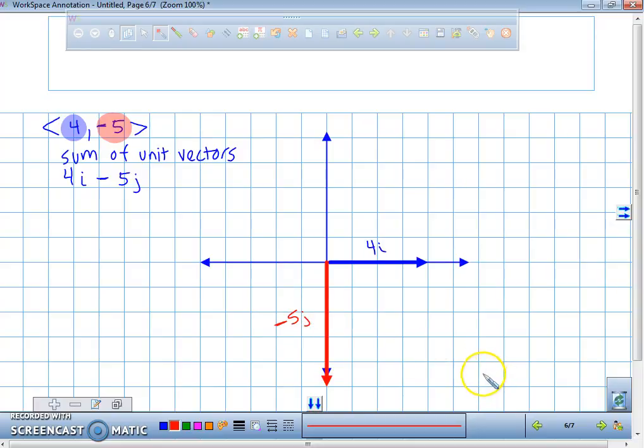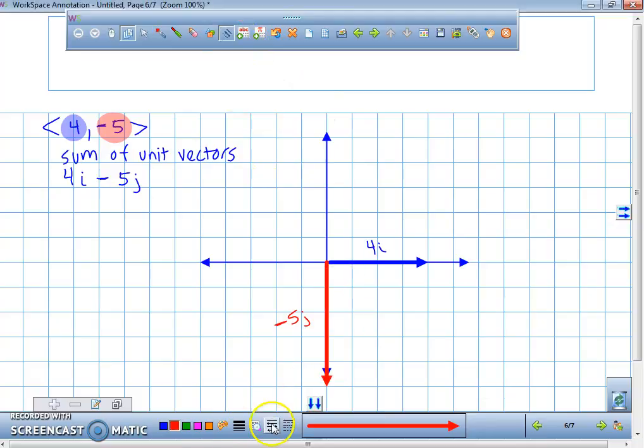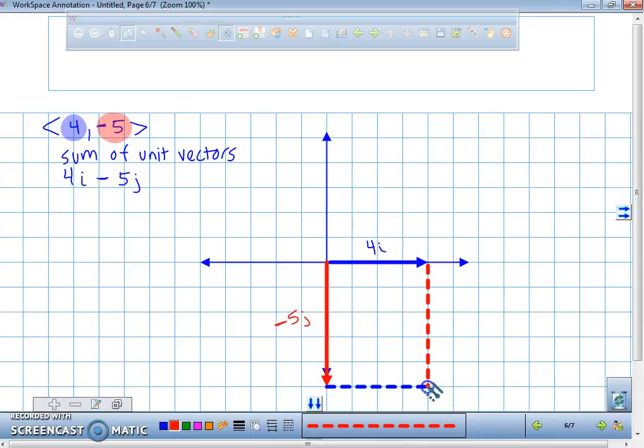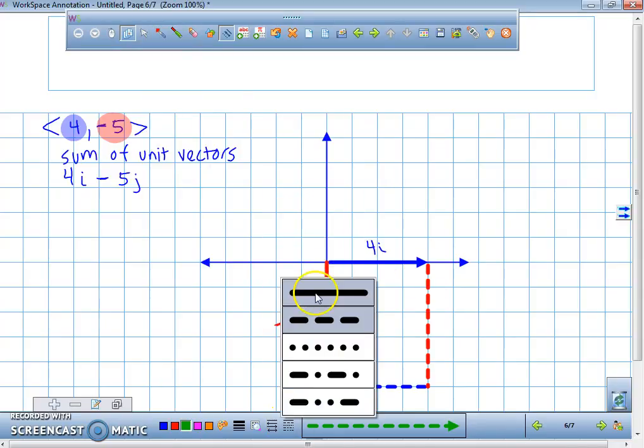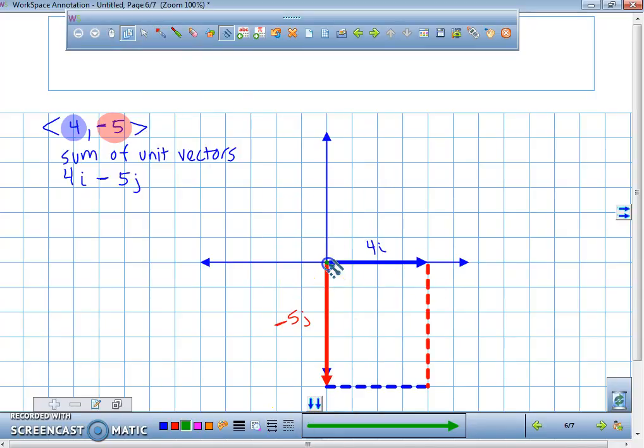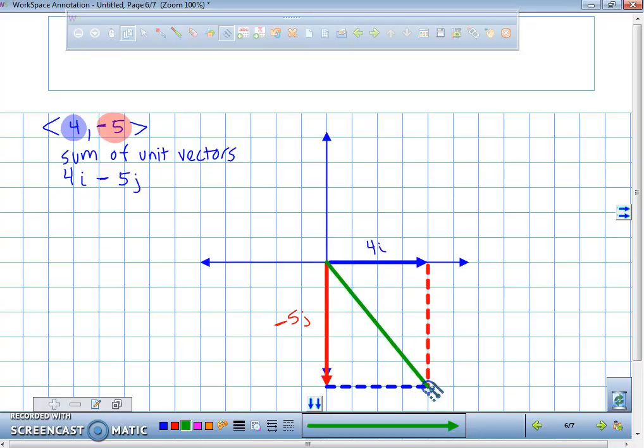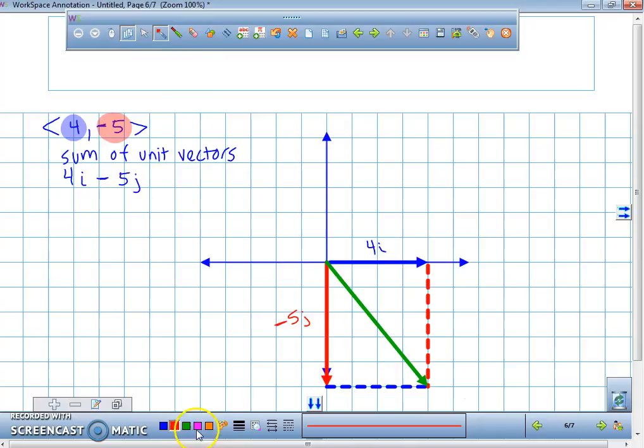Okay? Let's think about this. We've got from here to here, and from here to here. Our final result, our final magnitude, is from our starting position, what's called our initial point. So our initial point's right here, and we're going to our terminal point right there.